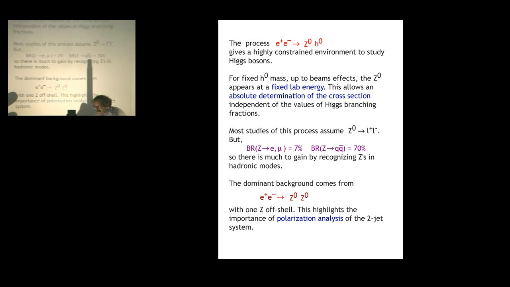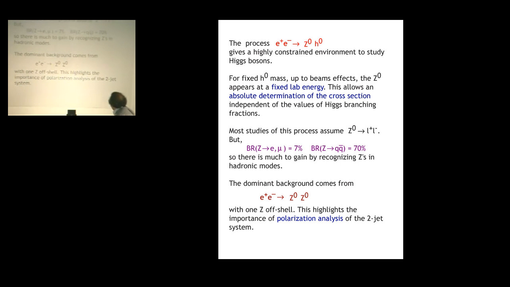Clearly, the better you can do in calorimetrically defining the Z, actually also measuring the Z polarization is important by resolving the two-jet system. The better you can do on this process, the larger the statistics will be, and there's a big advantage there. And this is something that really needs to be studied in a very serious way for all of the Higgs detection modes, how good a calorimeter you need and how to really get the best of this advantage.